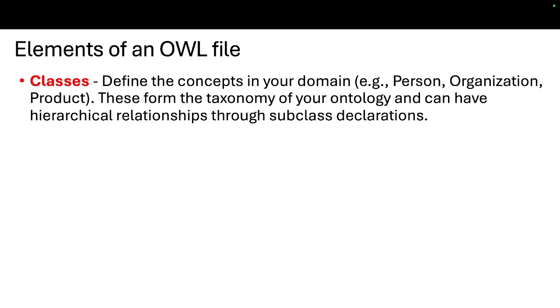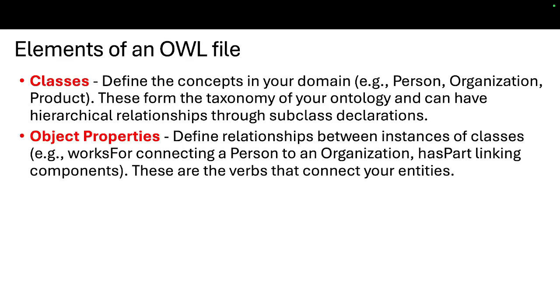First, you have classes which define the various entities in your domains, like person, organization, product. These are the basic building blocks of your ontology framework and can have hierarchical relationships just like code classes through subclass declarations. Then you have object properties.